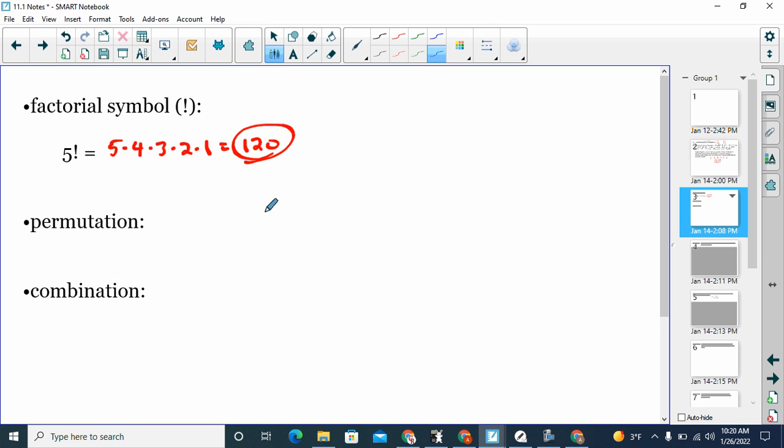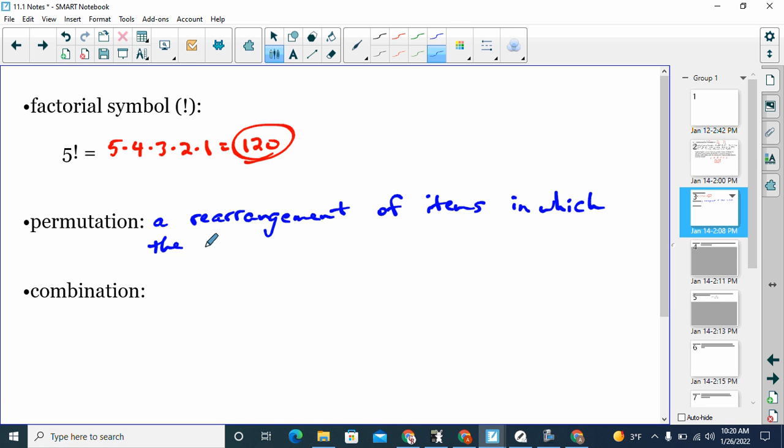Permutation and combination are very similar things. They are both a rearrangement of items. So we're going to take items in a set and we're going to rearrange them. A permutation is a rearrangement of items in which the order the items are selected is important.